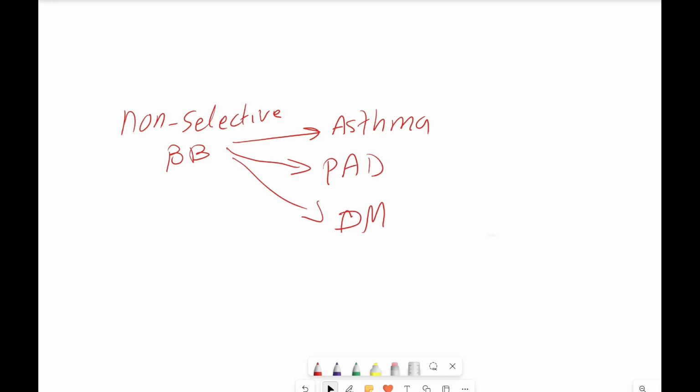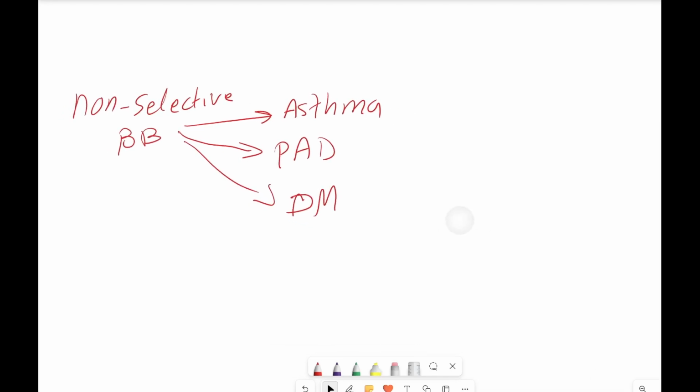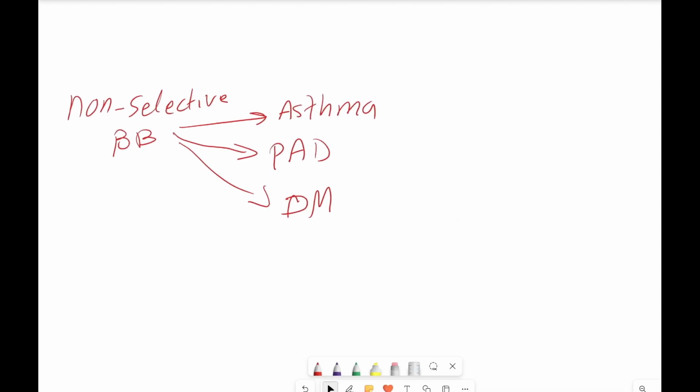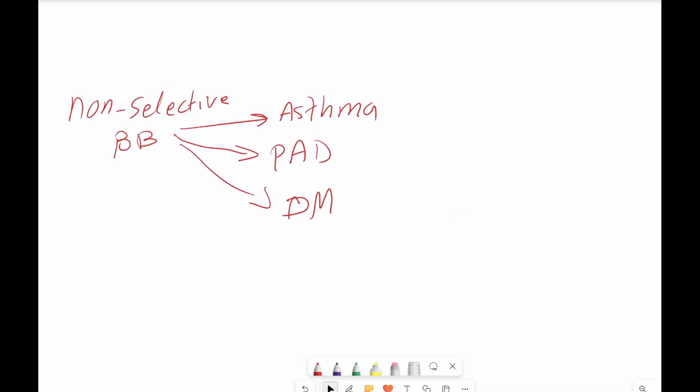I will explain at least two of them: why we don't recommend using this medication in patients with asthma, peripheral artery disease, and diabetes.